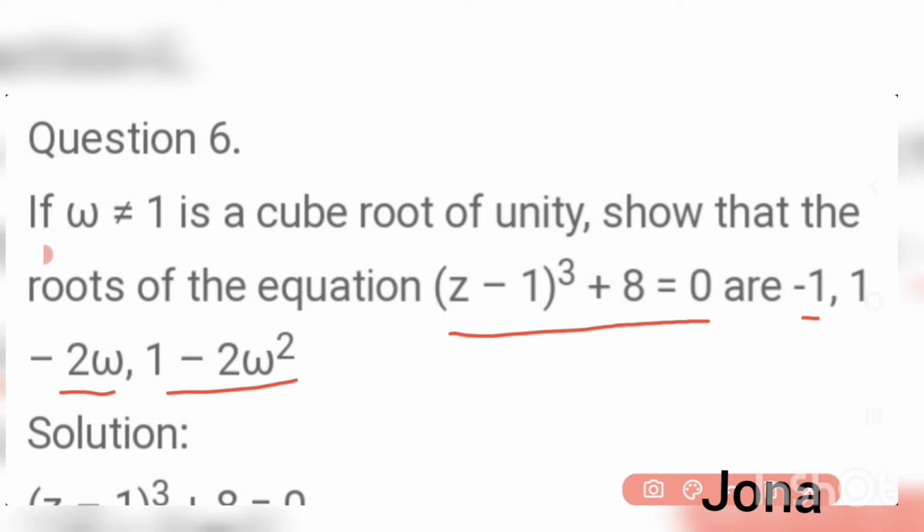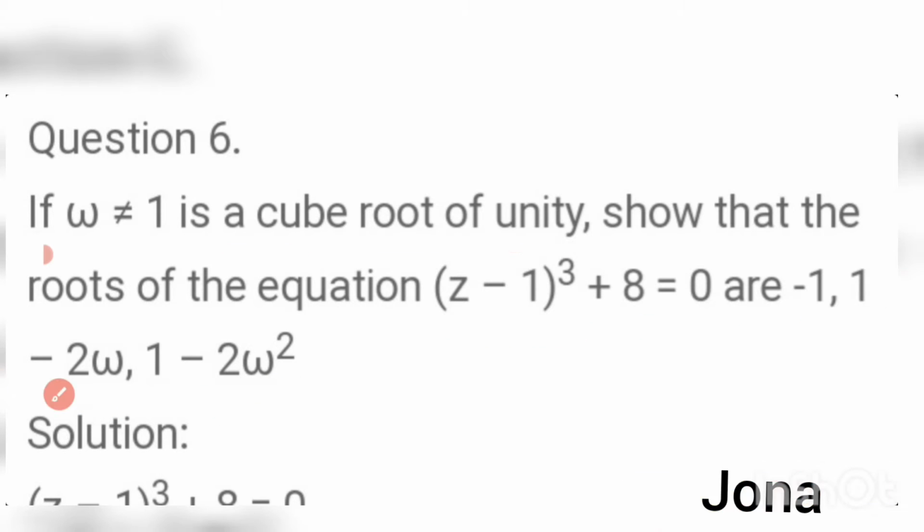Here it's clearly given omega is a cube root of unity. We have to show that this equation (z minus 1) the whole cube plus 8 equal to 0 has the roots minus 1, 1 minus 2 omega, 1 minus 2 omega square.